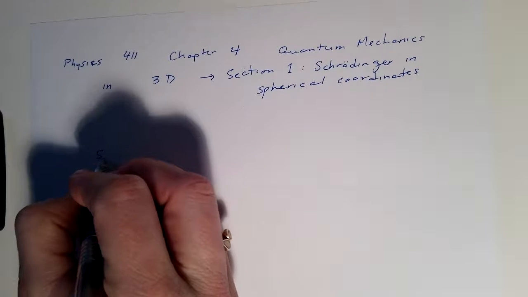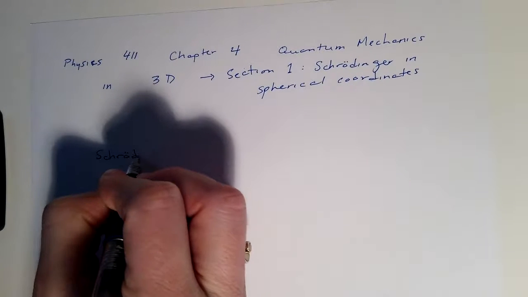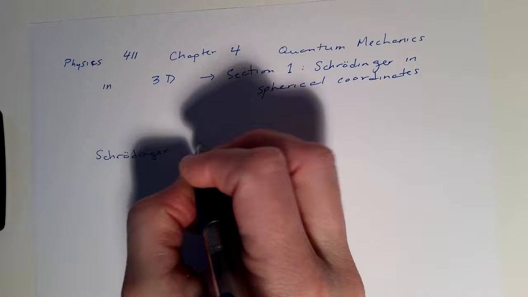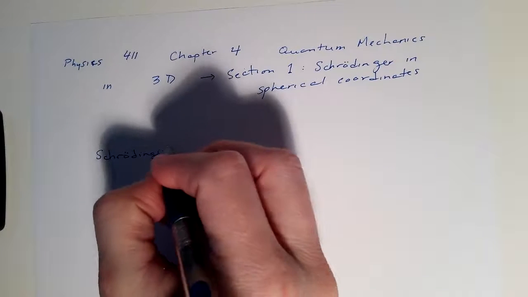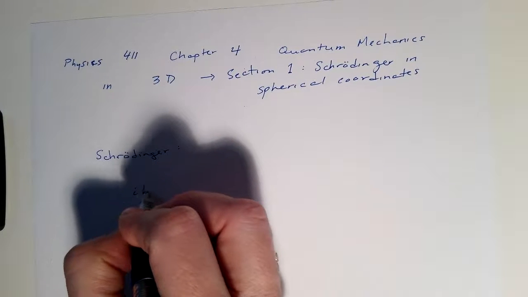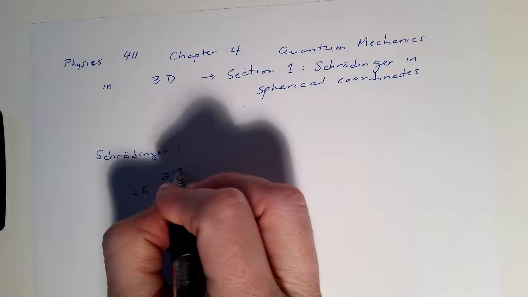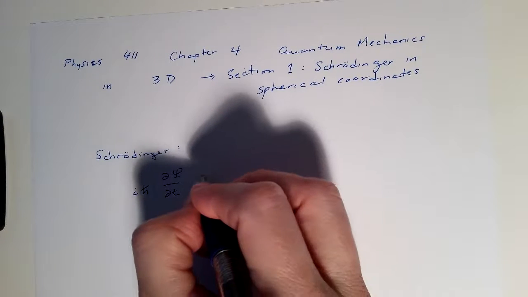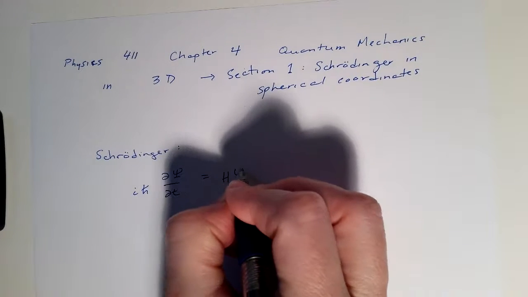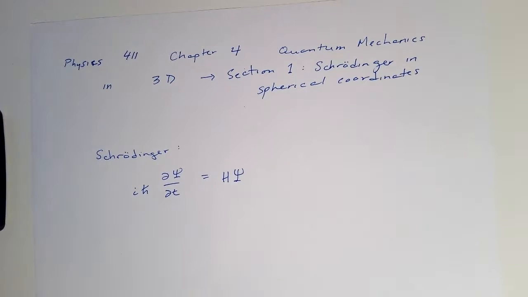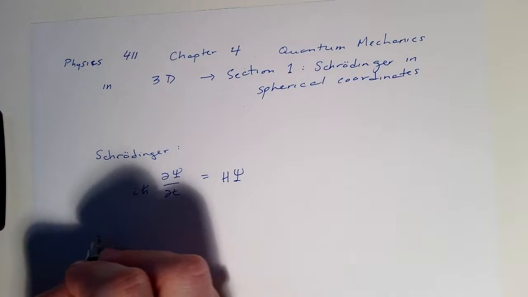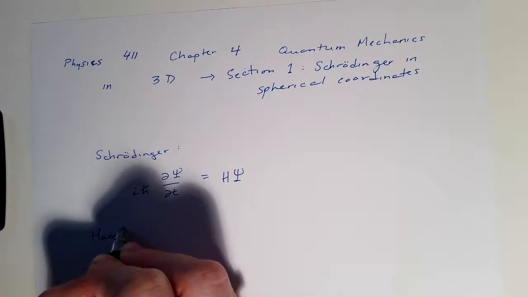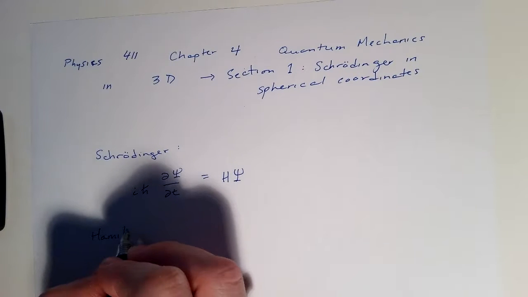So our Schrodinger in spherical coordinates is going to be i h bar, the time derivative of our wave equation, equal to the Hamiltonian acting on our wave equation. So we're going to start out with the Hamiltonian from classical energy.